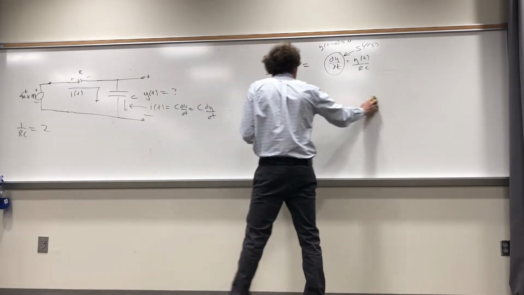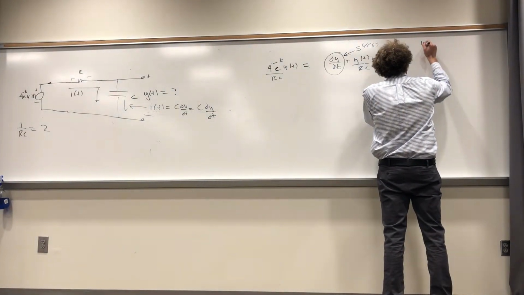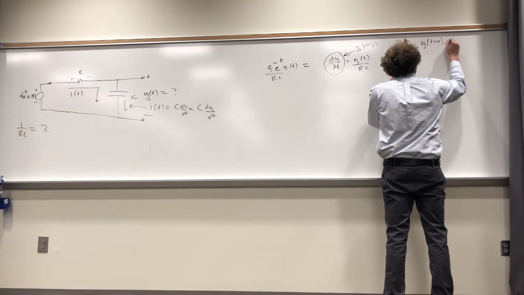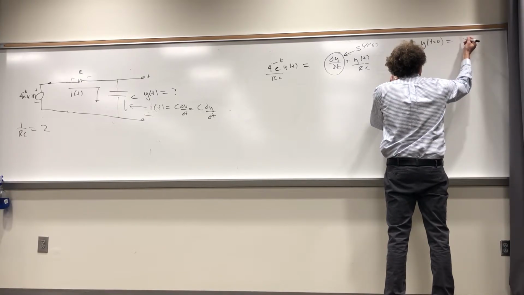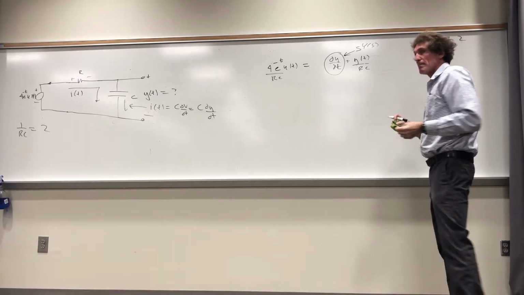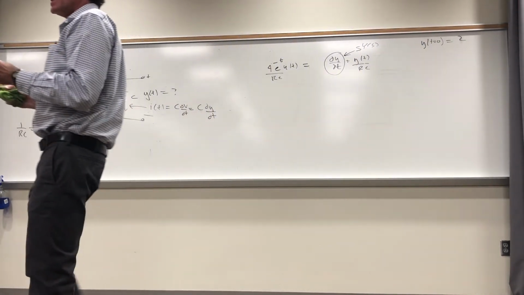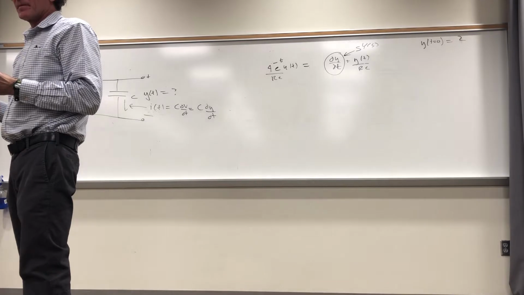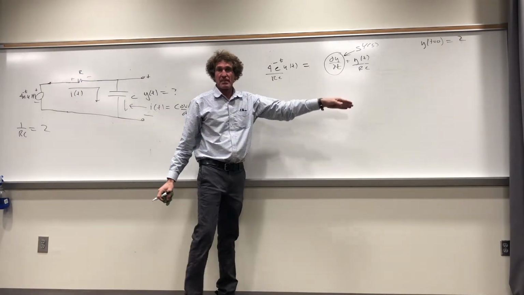Now I come back up here and I'm going to do something different. Now I'm going to say y of t equals 0 is equal to 2. All right? So the initial value on the capacitor voltage is 2 volts at t equals 0. Follow me? The differential equation still remains the same.